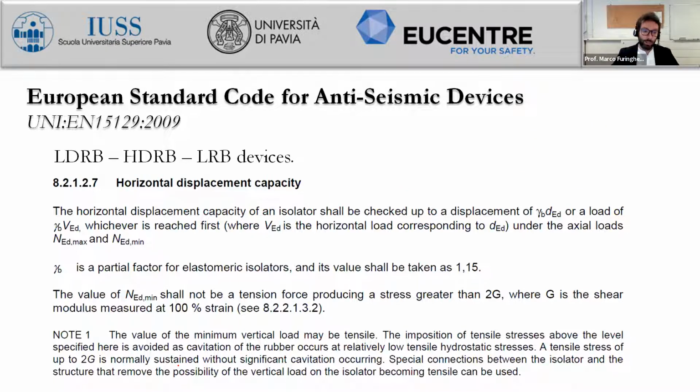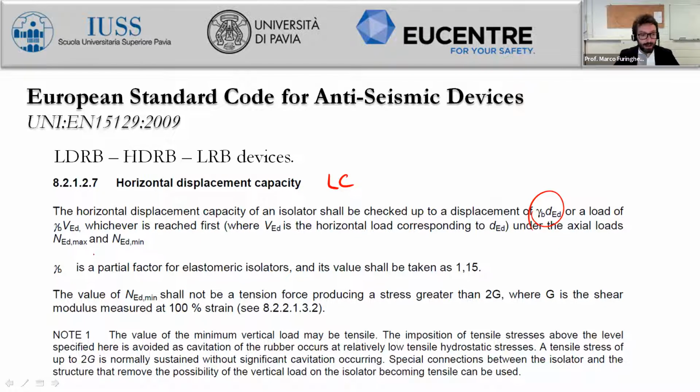Then this is what I mentioned before, the lateral capacity, the horizontal displacement capacity, where the trapezoidal waveform is used as a time series of displacement. We reach the maximum displacement, which is generally an increased value of displacement.